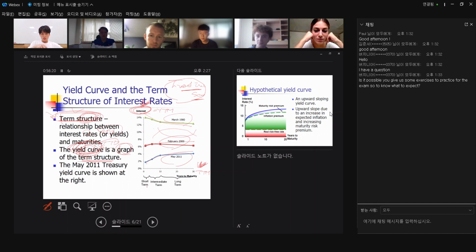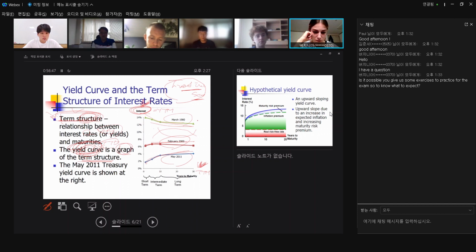Which graph is most popular in terms of the yield curve? Downward, flat, or upward? You can consider what I told you.